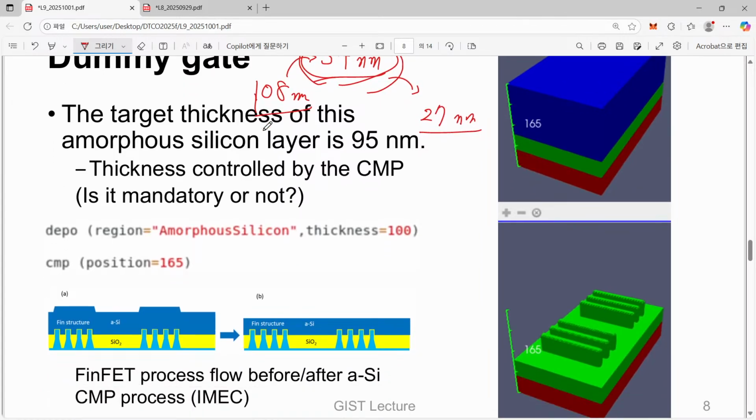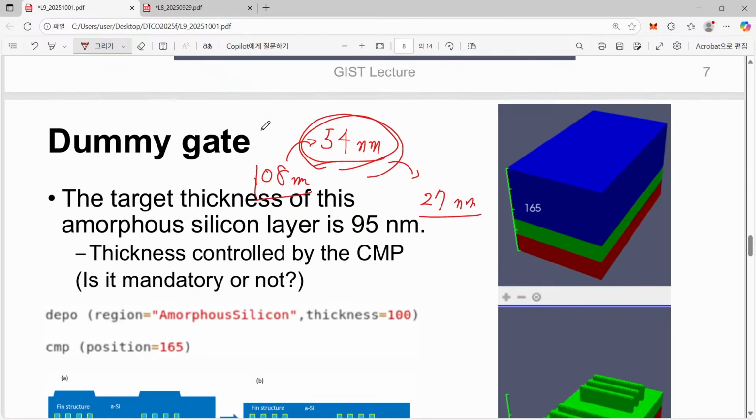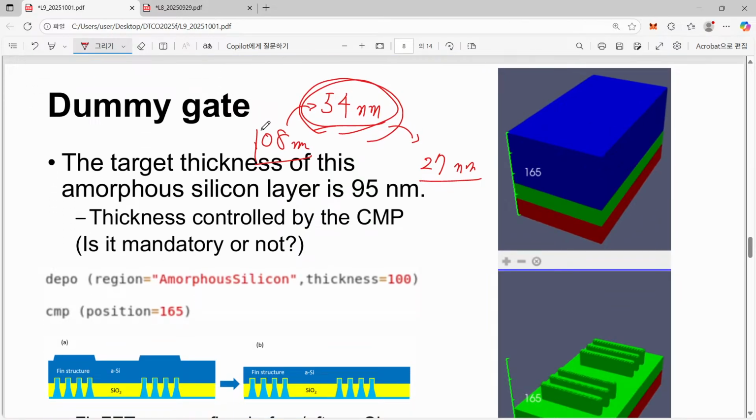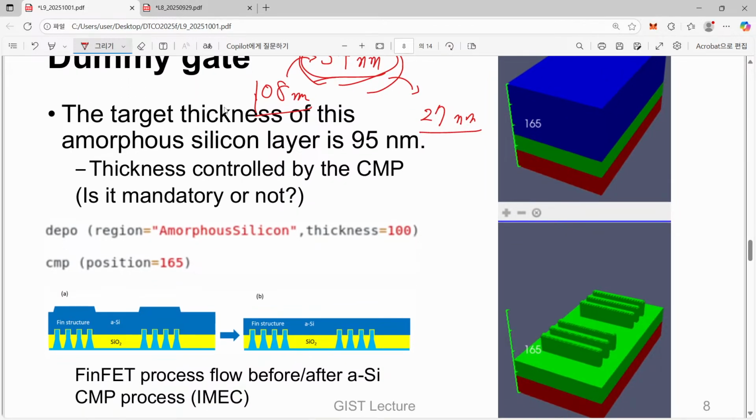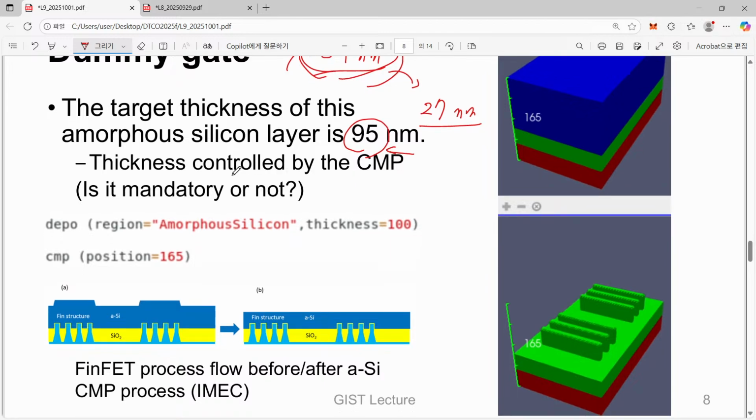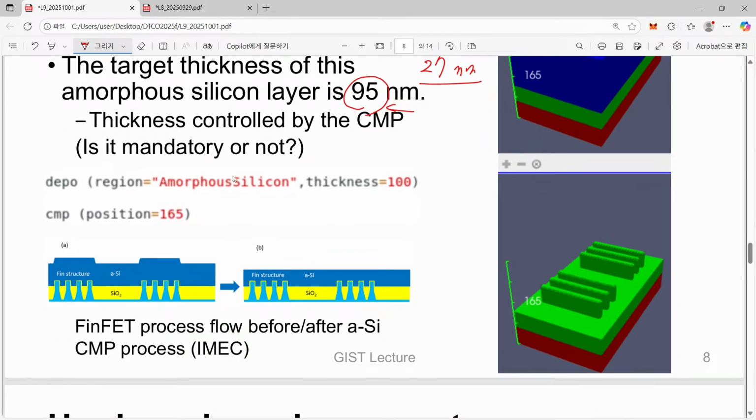Okay, so before talking about patterning, first of all, we have to deposit this dummy gate. The target thickness of dummy gate is set to be 95 nanometer. And where do we have this number? I have taken this number from an imec paper, but I'm not that sure this number is definitely right.